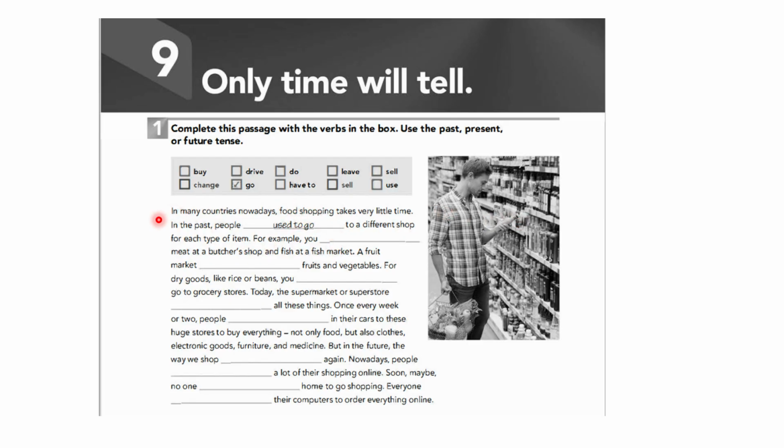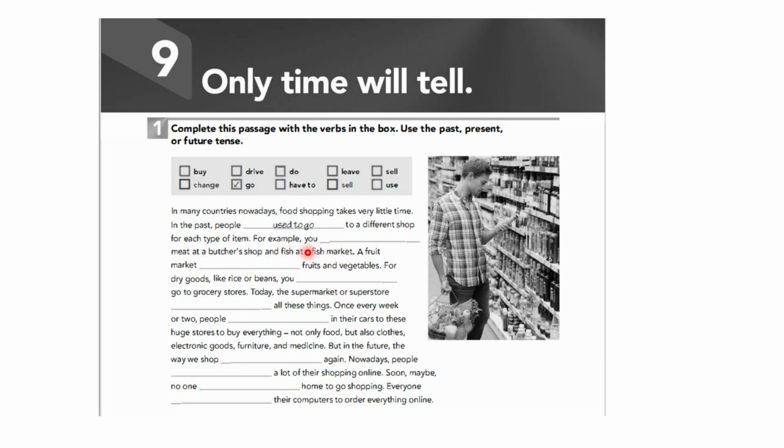If we see the context, the idea is in many countries nowadays, food shopping takes very little time. In the past, we're talking about the past, people used to go to a different shop for each type of item. This example is about the past, and we can see it in the sentence: you bought meat at a butcher's shop and fish at a fish market.